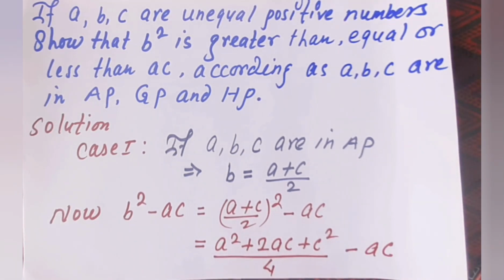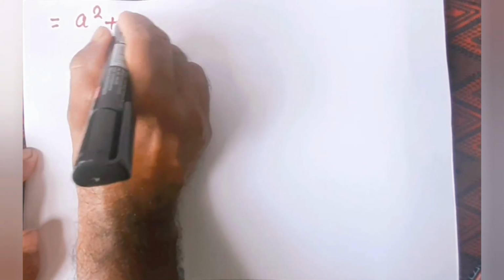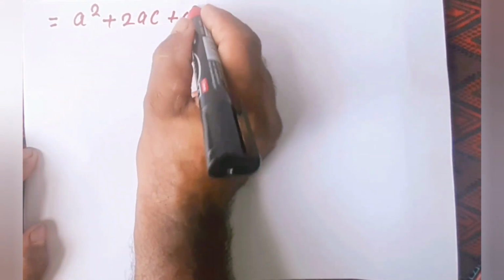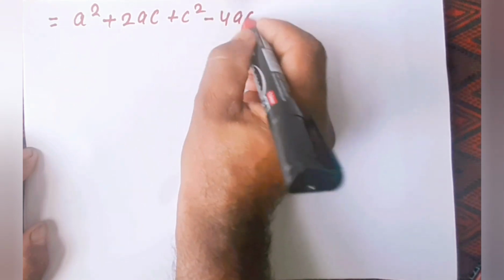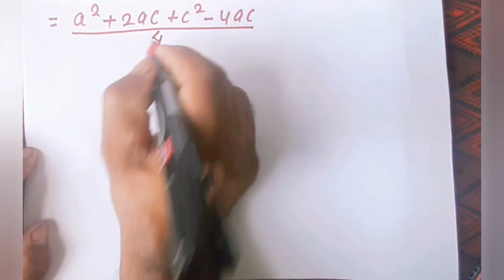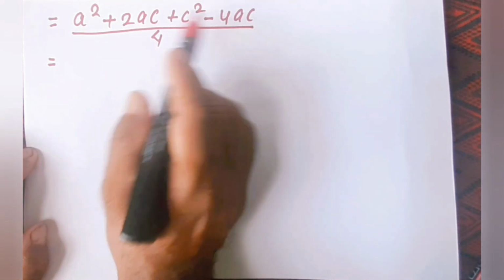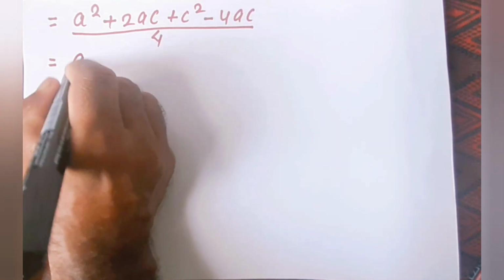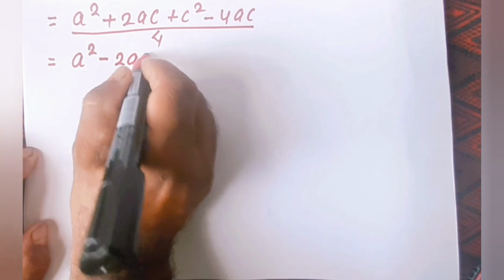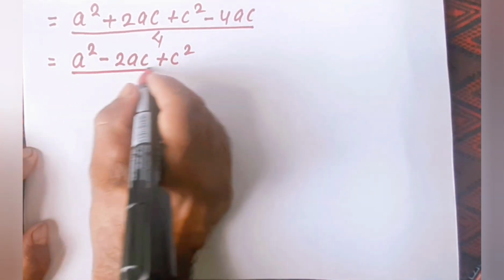Simplifying, this becomes A square plus twice AC plus C square minus 4AC, whole upon 4, taking LCM. Now subtract 4AC from 2AC. We get A square minus 2AC plus C square by 4.